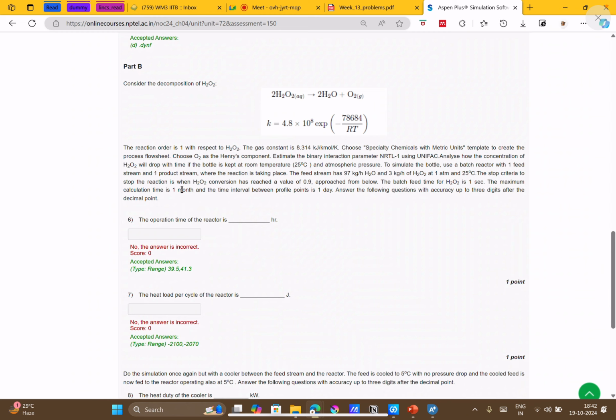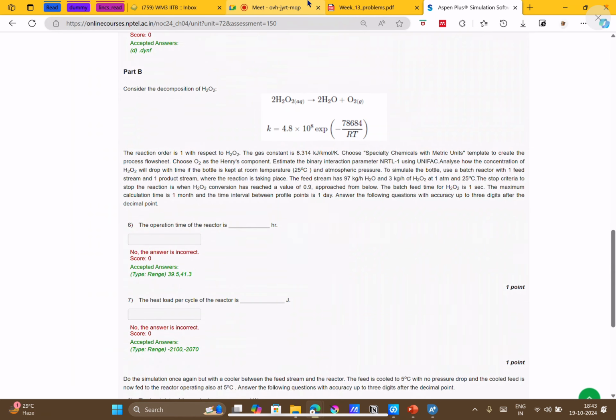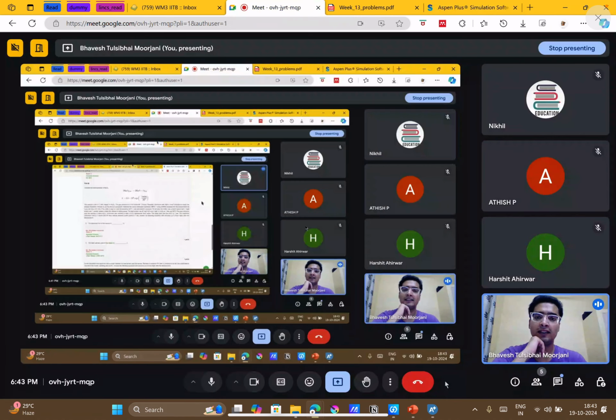The stop criterion for the reaction is when H2O2 conversion has reached the value of 0.9. The batch feed time for H2O2 is 1 second. The maximum calculation time is 1 month, and the time interval for the profile point is 1 day. Okay, so you are getting the error exactly where, in the property analysis or the simulation itself?